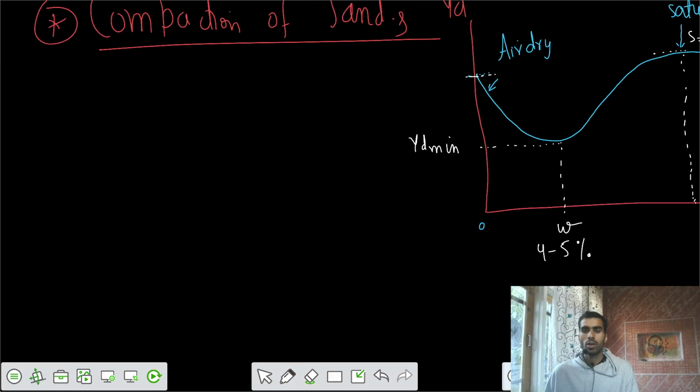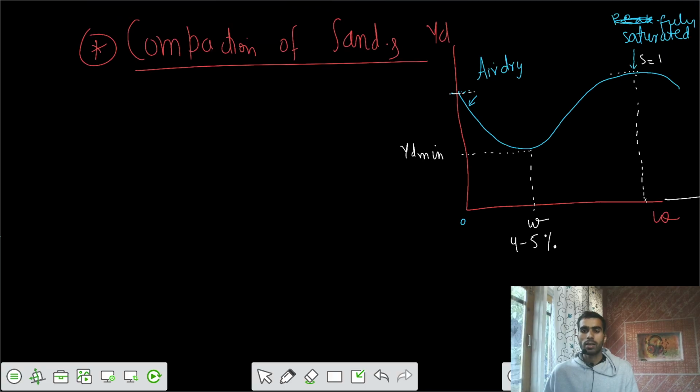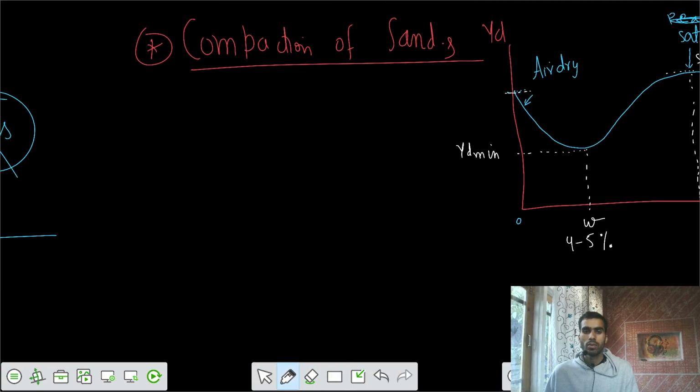Let's talk about that curve. As the water content is less, what's happening?